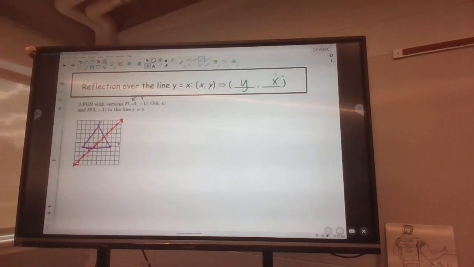So it's just going to turn this coordinate around. You're not going to change the sign at all. You're going to flip it. So it was 0, 4, now it's 4, 0.